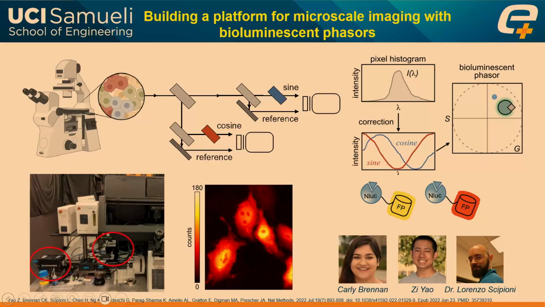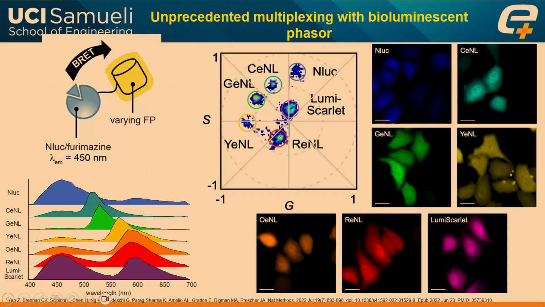So you just basically need a camera to identify the intensity at each one of the pixels. And because we have two cameras, we get, in this case, the entire spectra. So this was the first time that the bioluminescence community can actually identify spectra using a microscope that is not commercial.